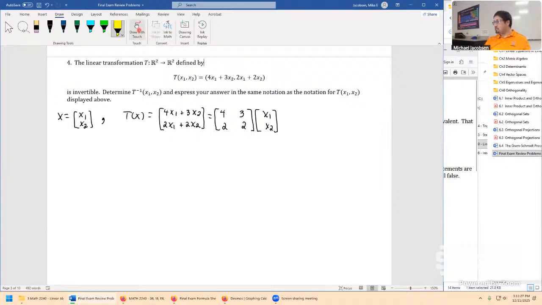You can imagine this is pretty easy to check. If you take 4, 3, multiply with the corresponding entries x1, x2, in other words, a dot product, you get exactly 4x1 plus 3x2. And likewise for the second row down there. So this is our A, that's our x.